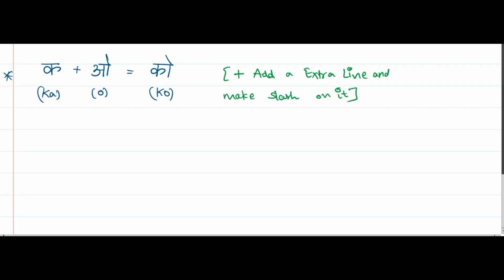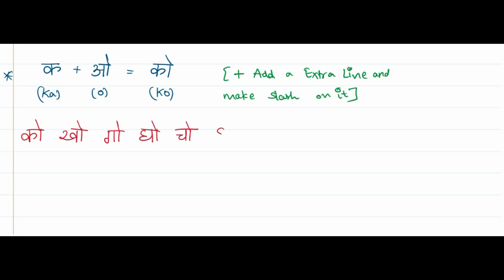So you can do it for any consonant like ko, kho, go, gho, cho, chho, jo, jho. So any sign you put, it will be aligning with the vertical line only.